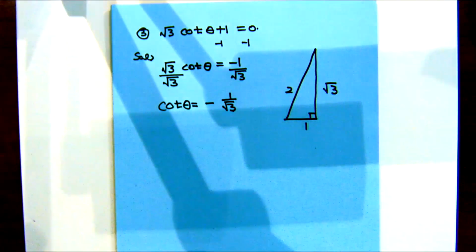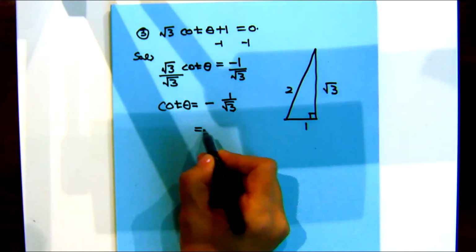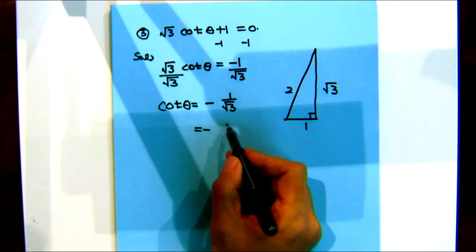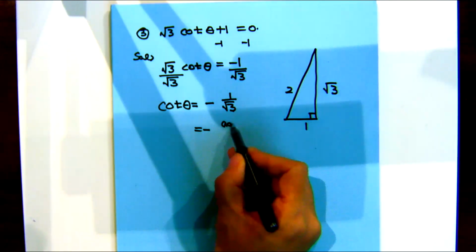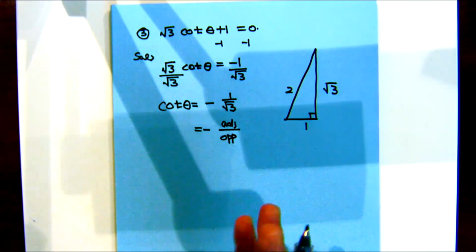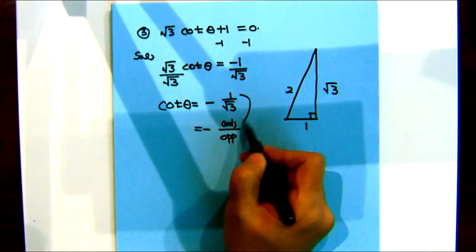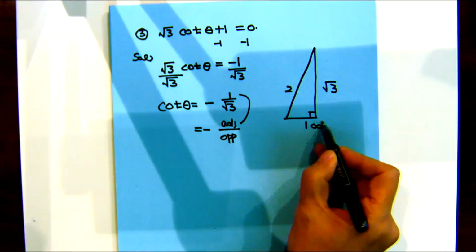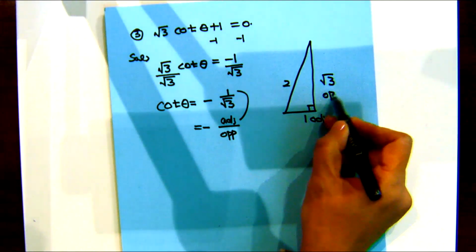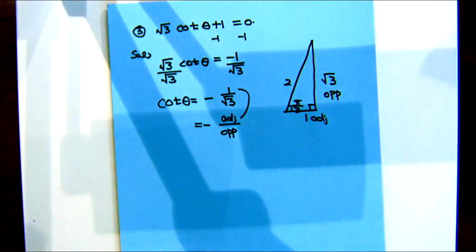So 1 and square root of 3 are involved, and so that's related to the 30, 60, 90-degree triangle. This is about cotangent. So we can rewrite that as negative adjacent over opposite. So adjacent is 1. This is adjacent, and this is opposite to the angle pi over 3. That's what we know.